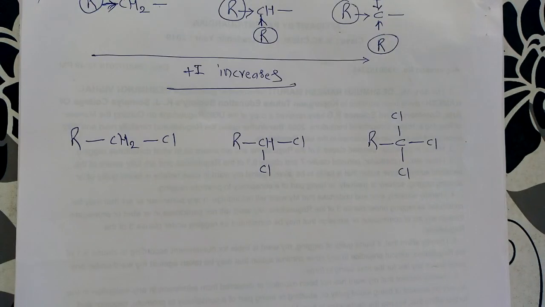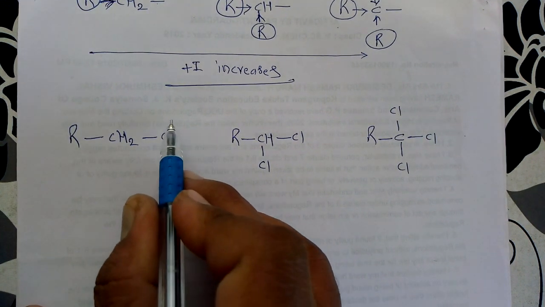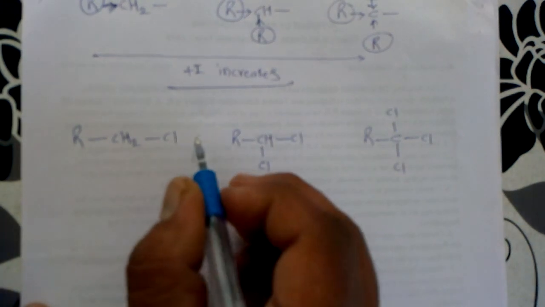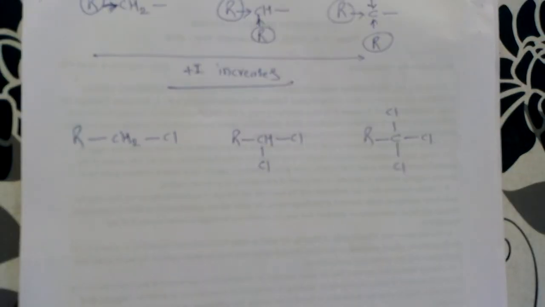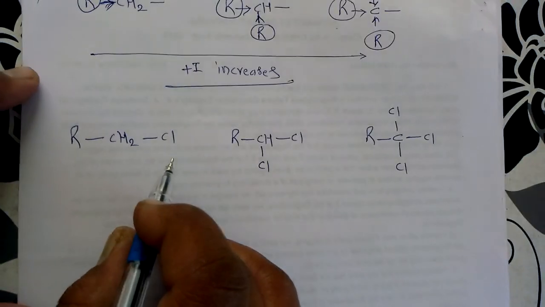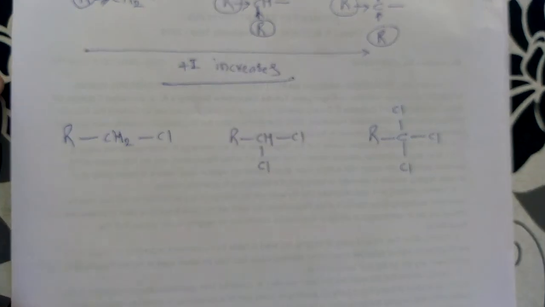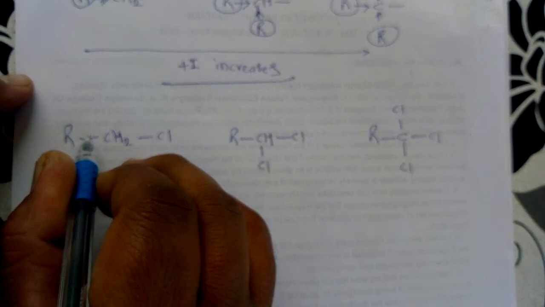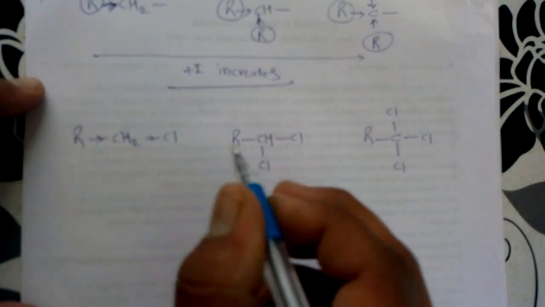In this case, we take such compounds in which gradually the number of chlorine atoms goes on increasing. We know that chlorine has the more electronegativity, so it shows the electron withdrawing nature. So the electron density gets transferred towards this chlorine.